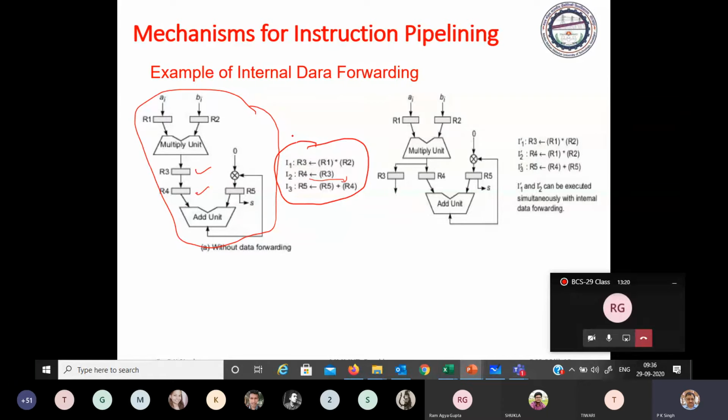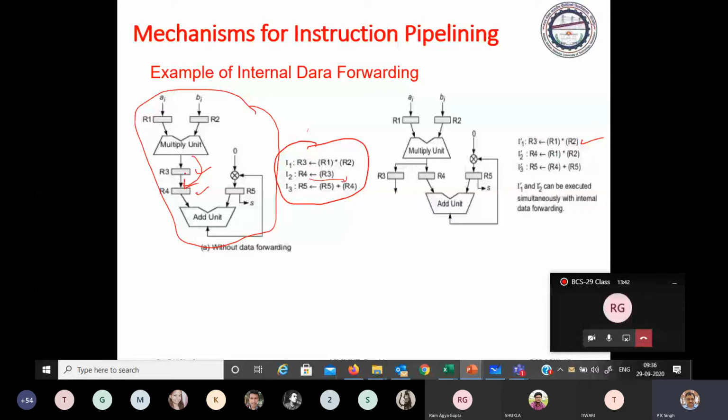What we will do is directly load the result of R1 into R2 in R4, and modify the instruction like this: R3 is R1 into R2, R4 is R1 into R2.